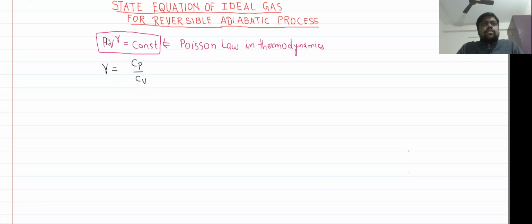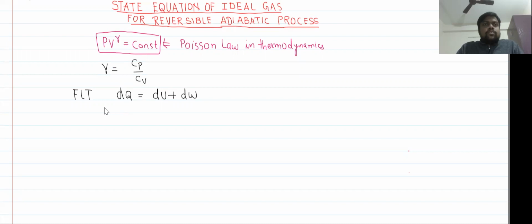To prove this, first we need to know the first law of thermodynamics. That is, from the first law of thermodynamics you can write dq, that means heat given to the system will be distributed in delta u, that means internal energy, and work done, dw.